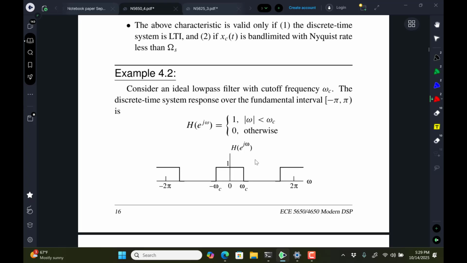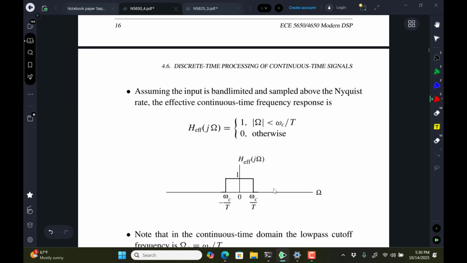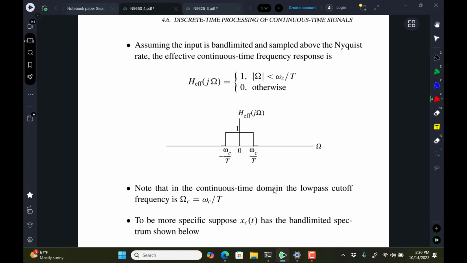Just for simplicity, say we have an ideal low-pass filter that cuts off at little omega c, and then we're going to assume that the analog signal that comes in has a spectrum that's band limited above the Nyquist rate.